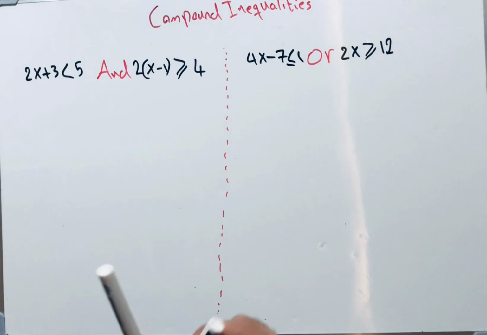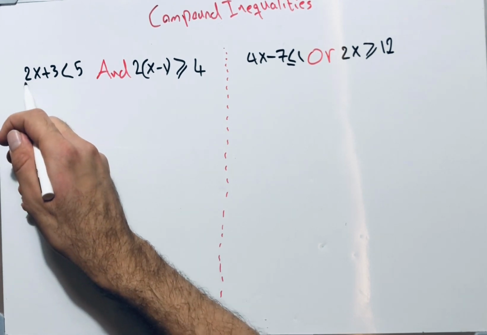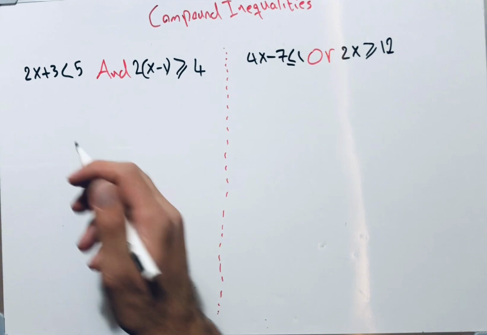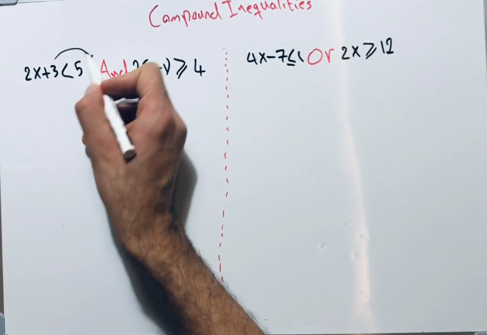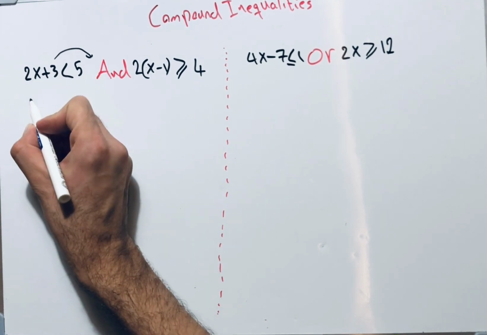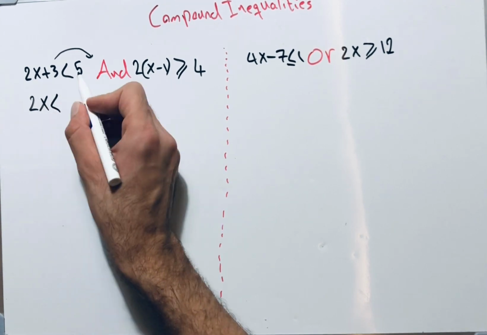First things first, luckily you don't need to change anything, so you're going to be solving each inequality separately. So it has to be easy. As we know, to solve this one, we're going to move 3 to the other side, so we're going to have 2x less than 5 minus 3.